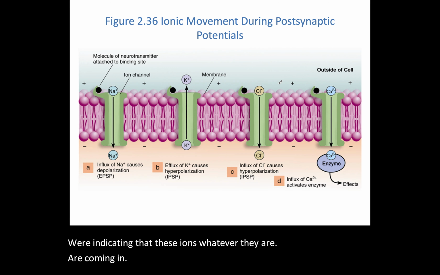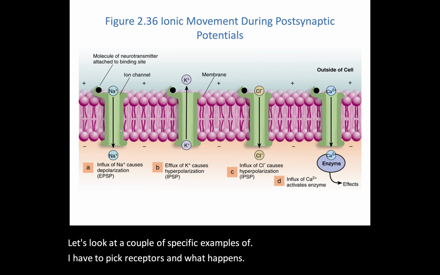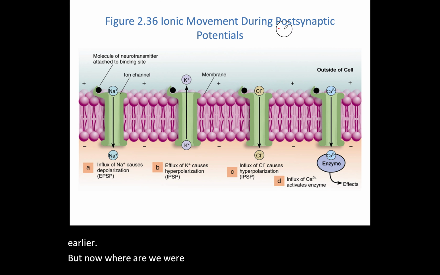Let's look at a couple of specific examples of ionotropic receptors and what happens. Remember what I said about these channels. They fundamentally work the same as the channels we spoke about earlier. But now where are we? We're in the postsynaptic membrane.